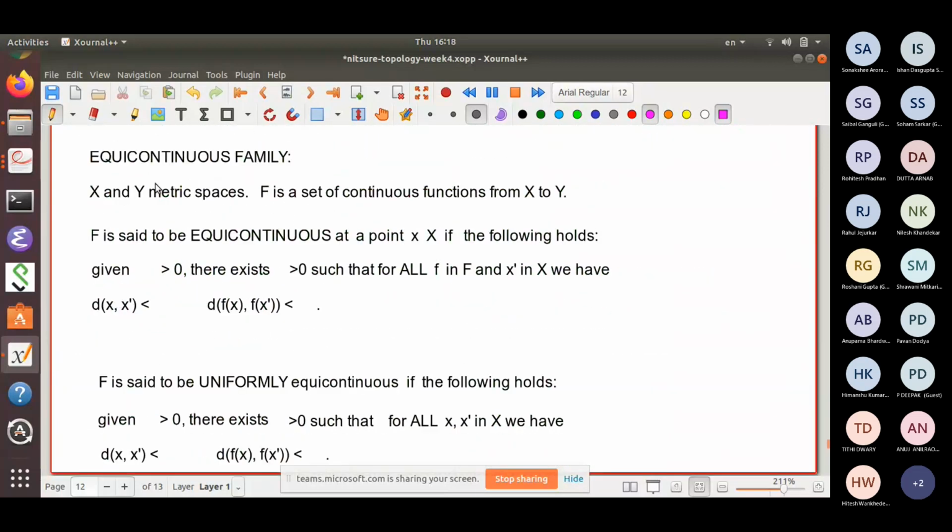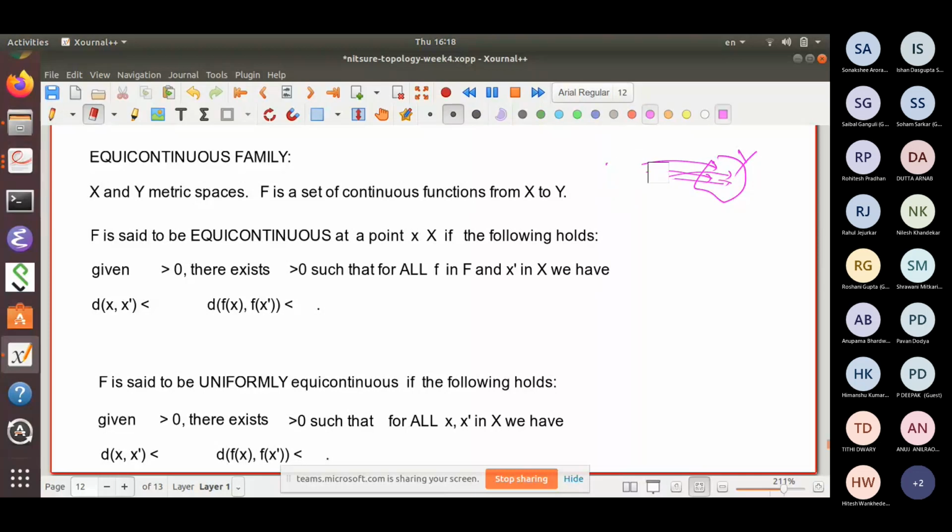So suppose X and Y are metric spaces, and F is a set of continuous functions from X to Y. So here is X, here is Y, and you have a set of continuous functions. Okay, I should not draw X as a bunch here.